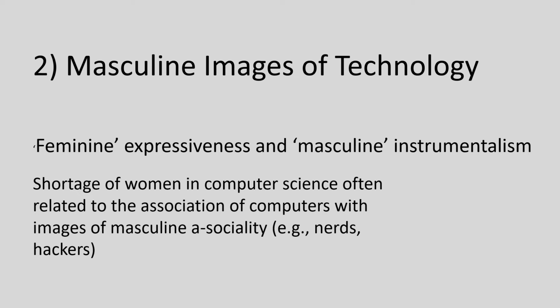It expresses the way we've socially constructed male and female relations. But with that image being powerful in computer science, and tying into this idea of masculine instrumentalism, it makes it more difficult for women, who associate more with the expressiveness idea, to see, for example, computer science as a career that might be appropriate for them.